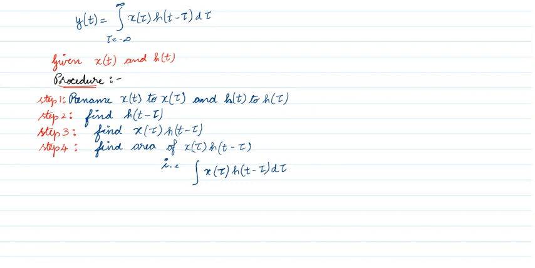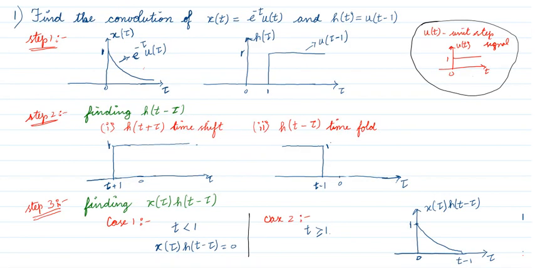The caution here is that tau is the independent variable: shift with respect to t, then time fold with respect to tau. Then multiply x of tau with h of t minus tau, and then find the area. Okay, this is the first problem I have taken.